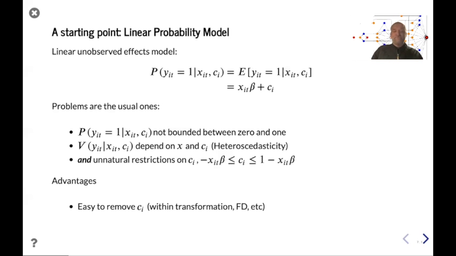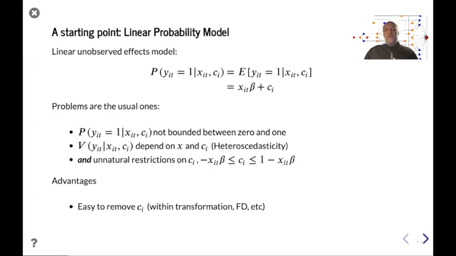Also, because the probabilities can be outside the unit interval, the variance can even go negative, if x beta is larger than 1 or less than 0. Beyond that, you have this unnatural restriction on the unobserved effect, that it is between minus x beta and 1 minus x beta. So those are the usual problems.